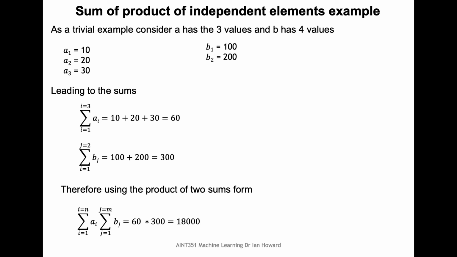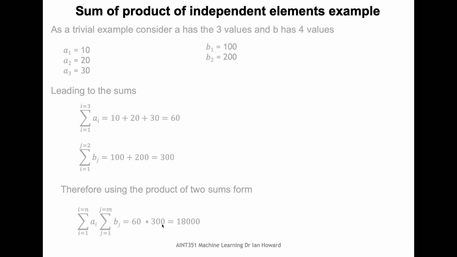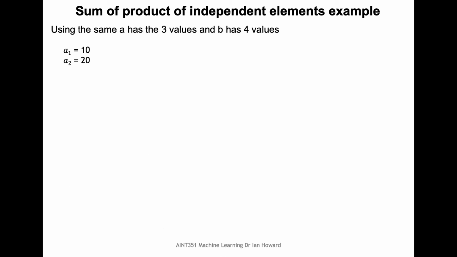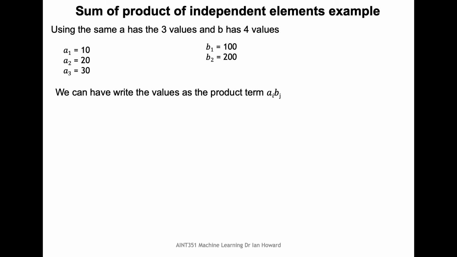If we use the first formula, we multiply the sum across A with the sum across B. It's then 60 times 300, which is 18,000. We can also do it, again, it should be 2 values of B, in a slightly different way by multiplying out the terms of the products.